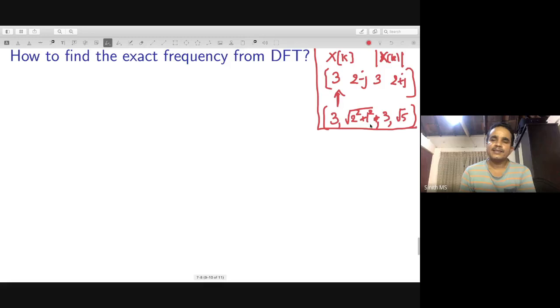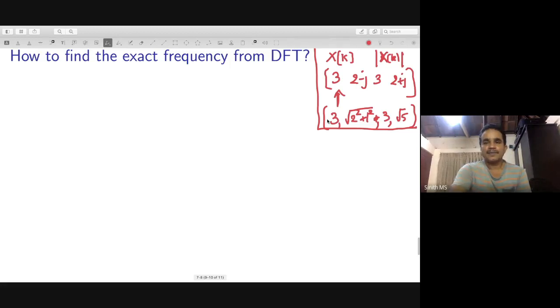Now from this, how will you exactly find the frequency corresponding to this DFT? DFT is the frequency domain representation of your discrete time signal. Discrete time Fourier transform is the actual representation, while DFT is an abstract representation in which not all the omegas are taken. So how will you find which frequency is present?